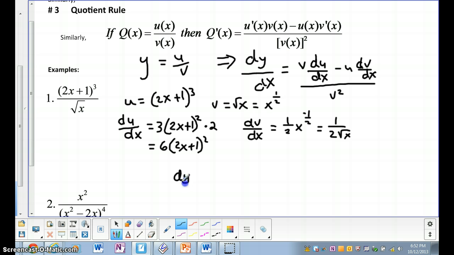So our derivative of y with respect to x is, and this is really important, you want v times the derivative of u minus your u times the derivative of v.